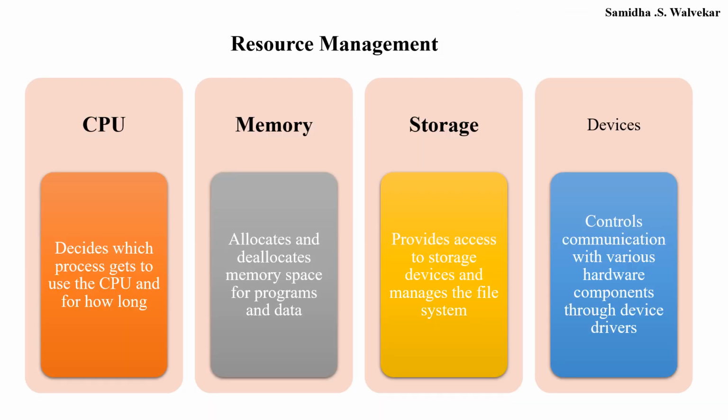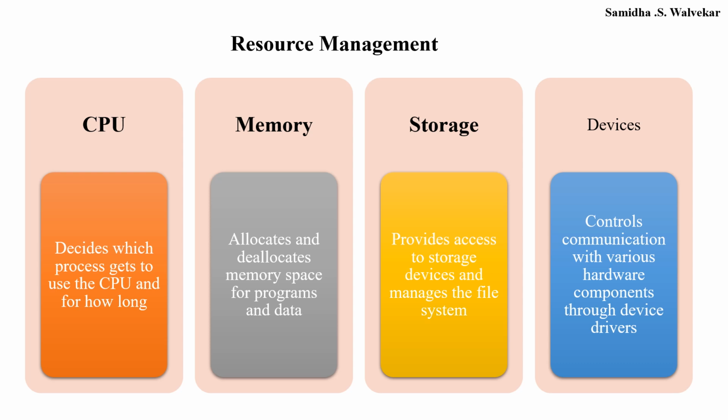Functions of operating system. In that, first we'll see resource management. Operating system manages hardware resources to ensure the proper system performance. It includes CPU, memory, storage, and other devices. In case of CPU, if the multiple applications are running, then operating system allocates CPU time to each application.